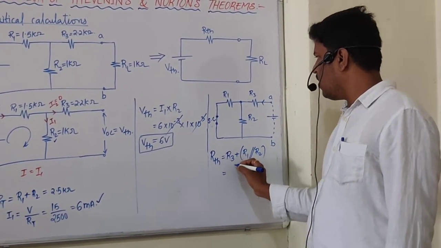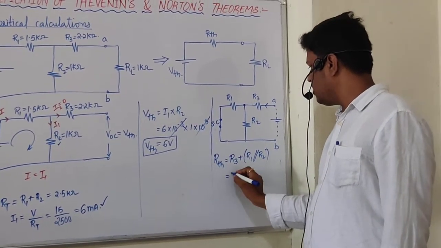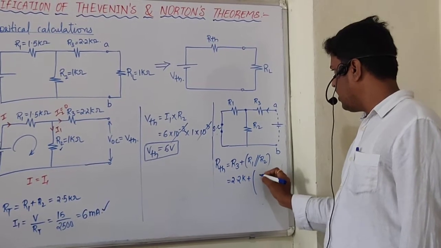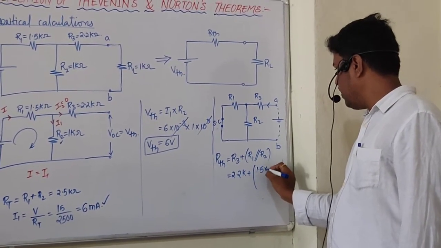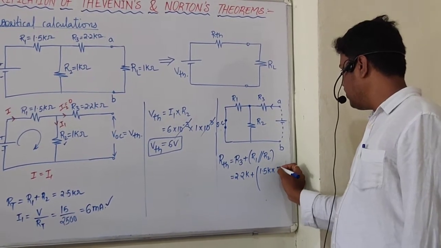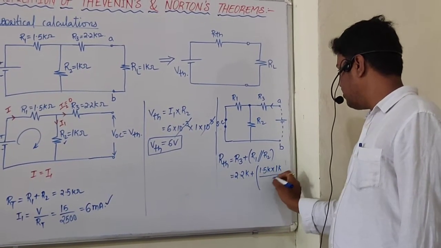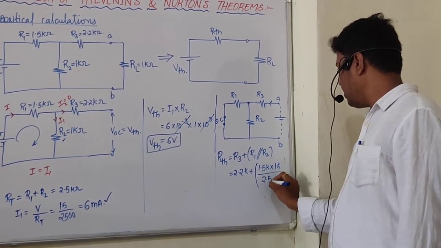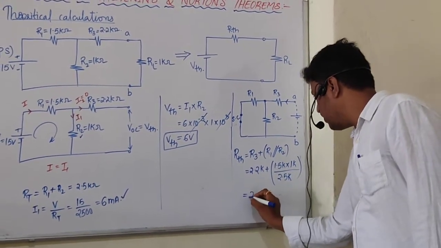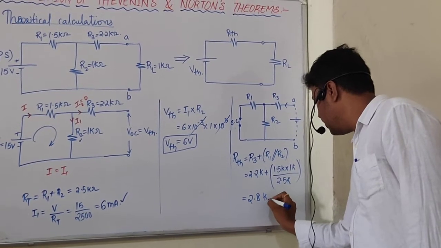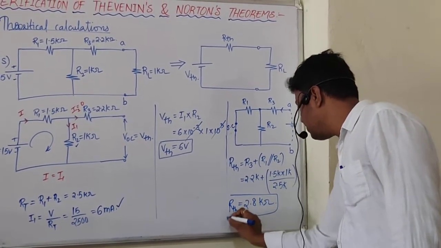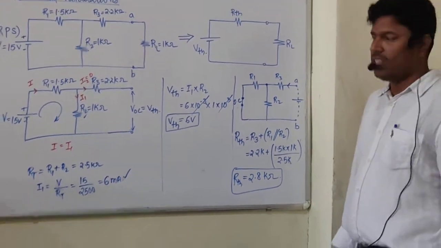Which is equal to, what is the value of R3? Sorry, 2.2 kilo plus R1 1.5k into 1k divided by 2.5k. We'll get RTH value around 2.8 kilo ohms. So in this way we'll get RTH.